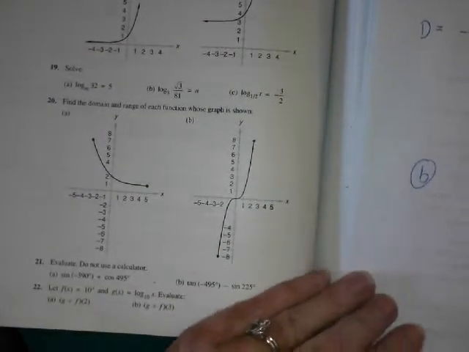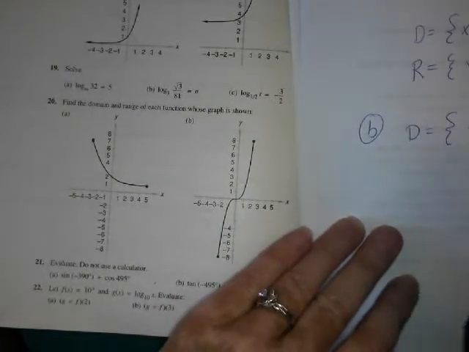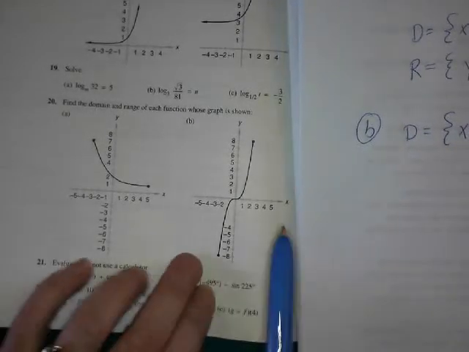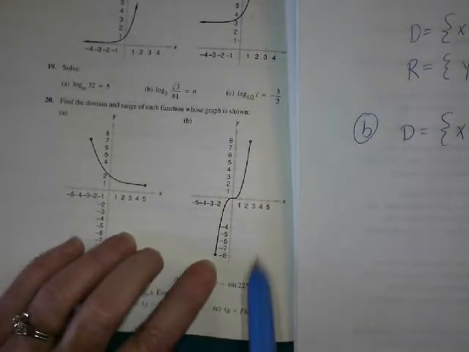Here's B. It's a cubic, but it's got little endpoints on it. So for the domain, I'm going to be bold and write x is a member of the reals such that, and I follow along the x-axis.